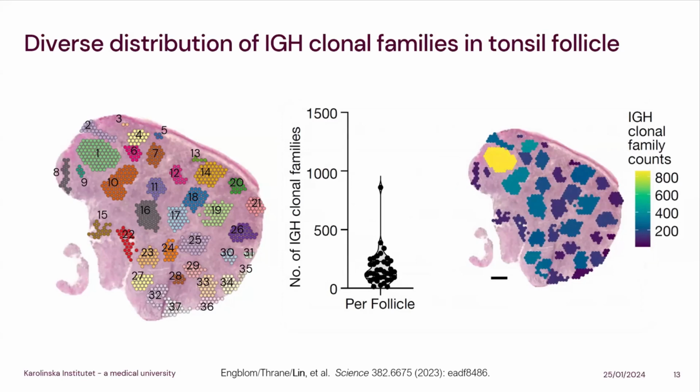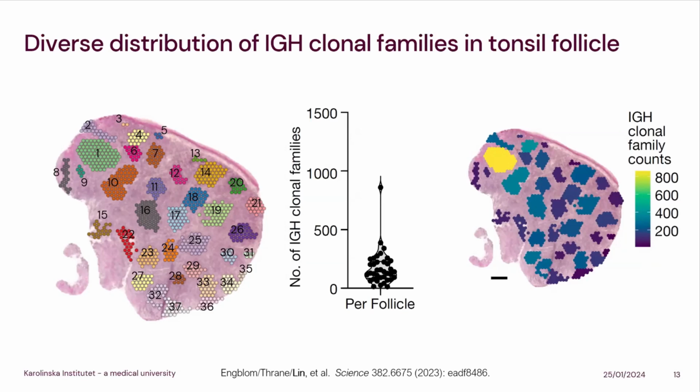We are mainly focusing on the IgH here because they will have higher somatic hypermutations from the data set. And we have follicle 1, which is rich in IgH clone families, and the rest of them have hundreds of them, some higher, some lower.